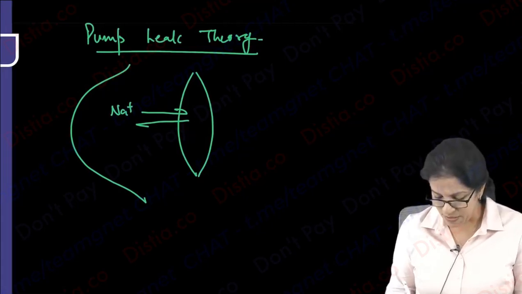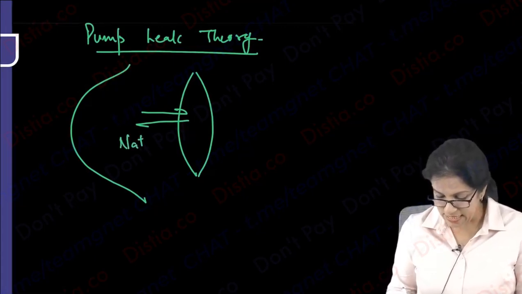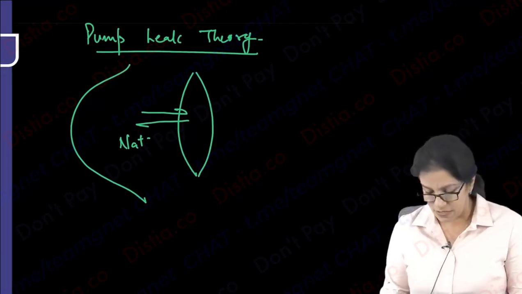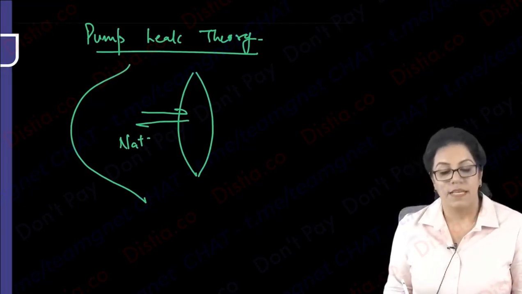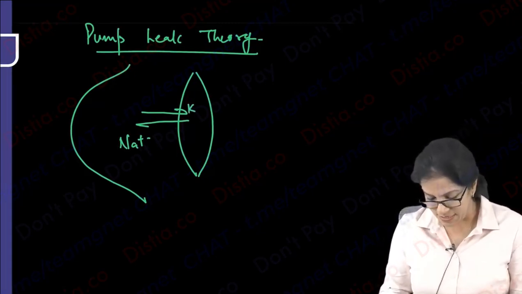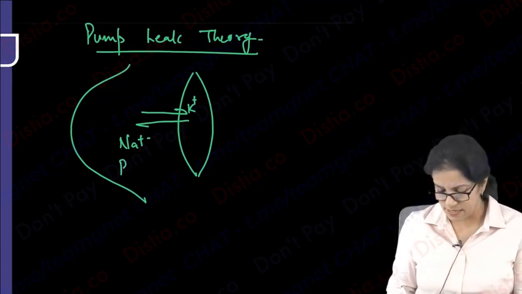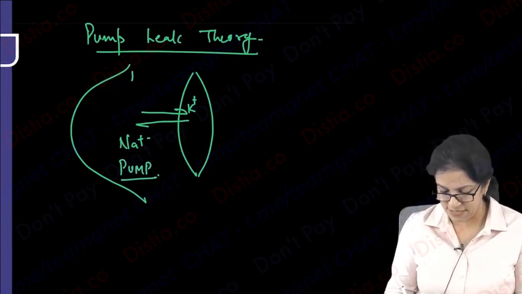And potassium is pumped inside. So this pump mechanism is happening on the anterior surface, where sodium is pumped into the aqueous and potassium goes inside, so that the water all comes out of the lens. This is the sodium potassium ATPase pump working in the anterior surface.